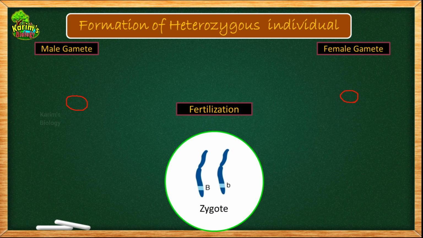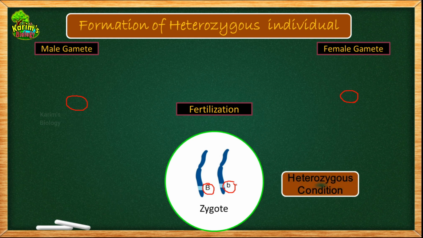They form a homologous pair, and when they form a pair, we see in that pair one of the alleles is the dominant one and the other allele is the recessive allele. Here one is the dominant version of a gene, the other one is the recessive version of the same gene. So it is a heterozygous condition. I can call this heterozygous condition because both the alleles are not the same.